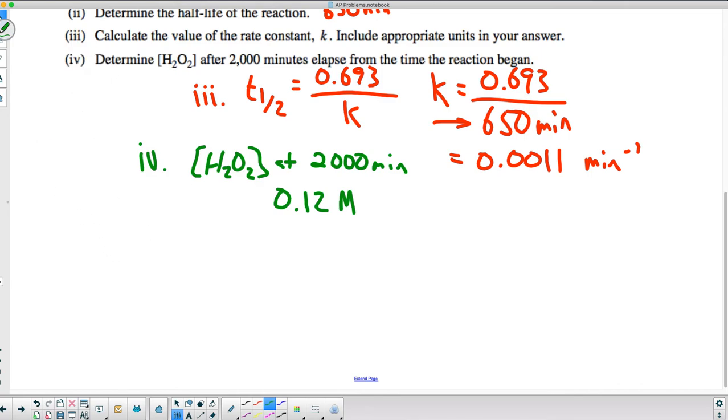Now, there is another way to do this, and the other way has a lot of calculations. It's something that we haven't really done before, so I'd like to take a quick look at it. I'm going to show you how to do one of these calculations for first order.